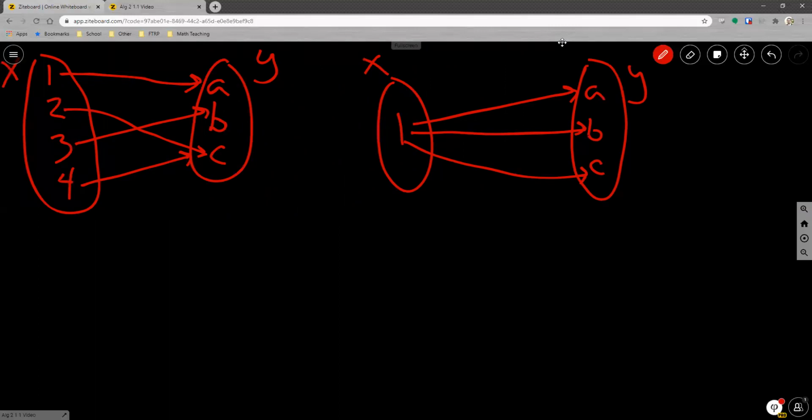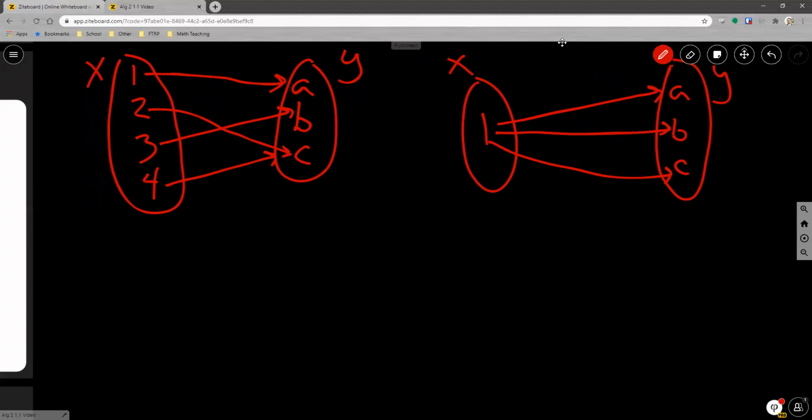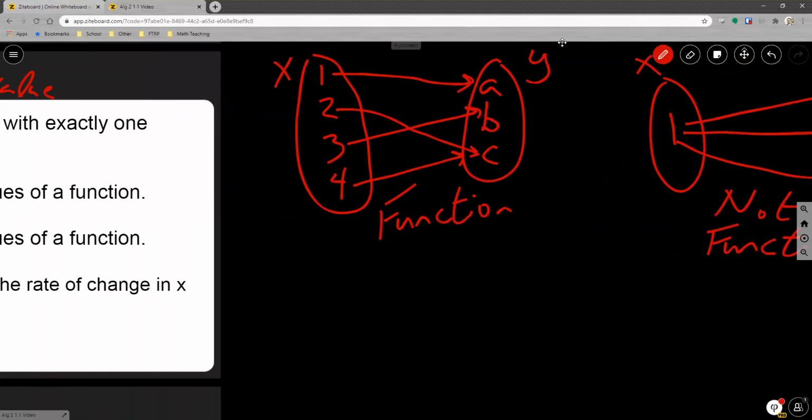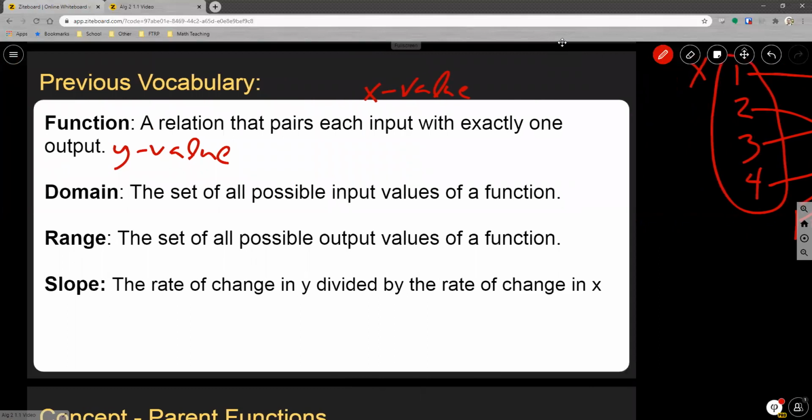When I put a 1 in, it should always give me a single value back. If I get different values back, then that is not working correctly. So once again, this is a function. This is not a function. All right, so that's our first idea. Each input is paired with exactly one output.